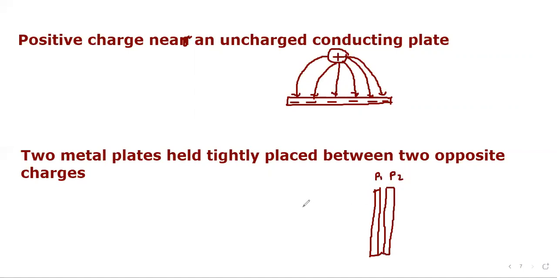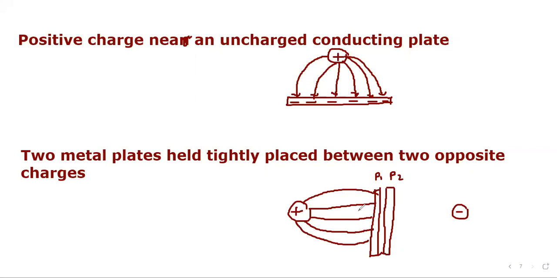And now here there is a positive charge and here there is a negative charge. So what will happen? Here the field lines will come like this, and from here they will go like this.